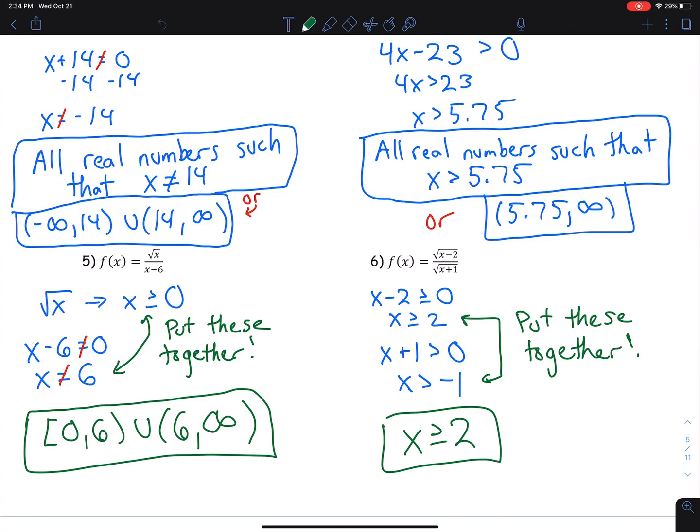And then looking at number 6, you see there's two stipulations, x is greater than -1 and x is greater than or equal to 2. But if x is greater than -1, it's also greater than or equal to 2, but we can't have it lower than 2 or else it doesn't fulfill this stipulation, this rule. It would make the numerator imaginary.